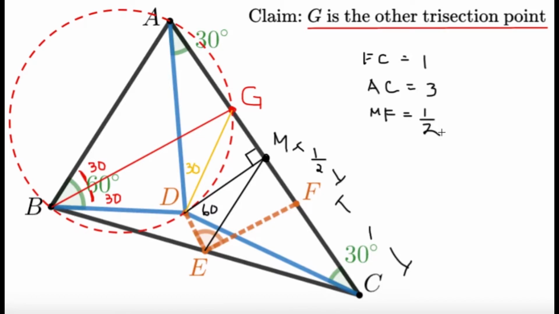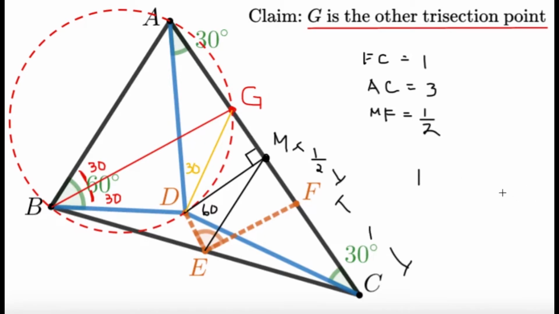Now we can use trigonometric ratios, because triangle MDC over here is a 30, 60, 90 triangle. And we know that the side lengths in a 30, 60, 90 triangle are in the ratio 1 : square root of 3 : 2, the sides opposite the 30, 60, 90 degree angles respectively.